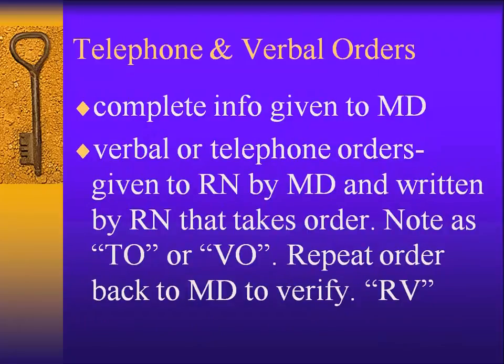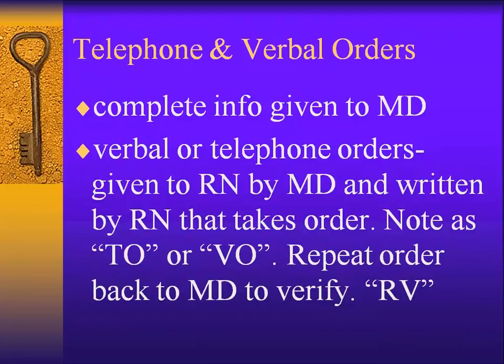With telephone and verbal orders, we need complete info given to the physician. And you may have heard of an SBAR. If you have not, look up SBAR. This is a good tool to use that reviews what you need to collect prior to calling the physician.